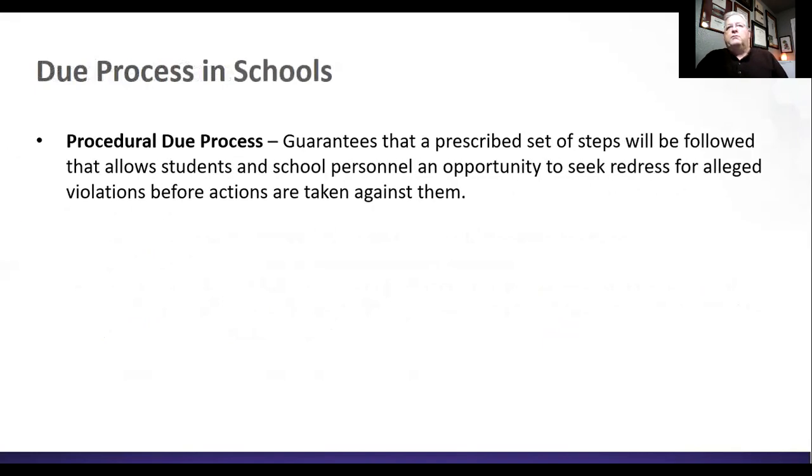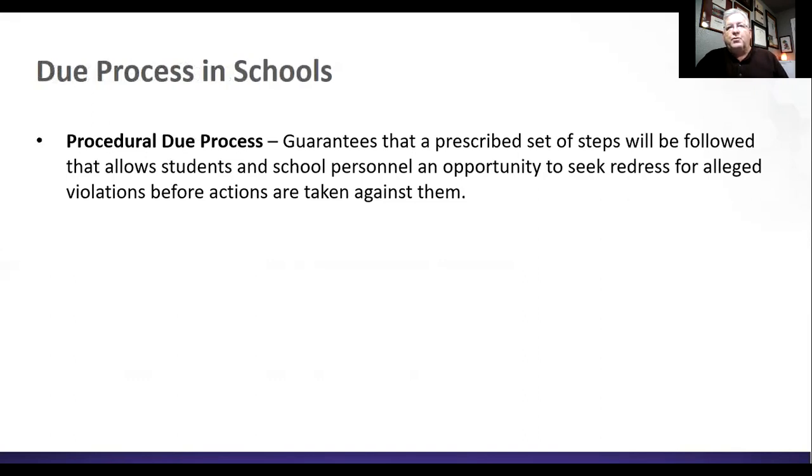So your textbook talks about four different due process vocabulary words, for lack of a better term. You have two types of due process: the procedural due process, that's the guarantee that a set of steps is going to be followed. It also allows students, and this works with your staff as well, an opportunity to answer the allegations and to seek redress for these violations.